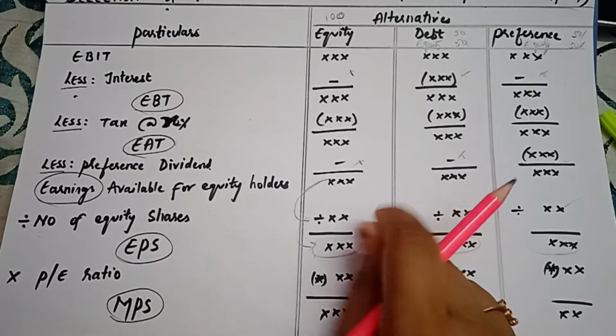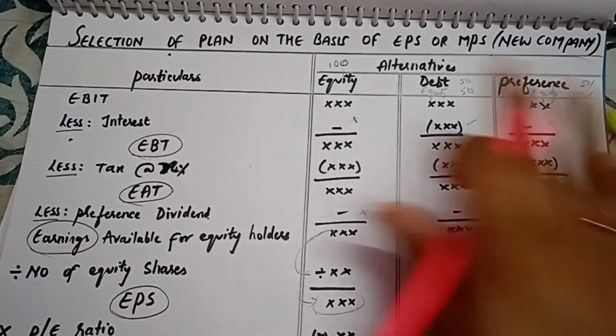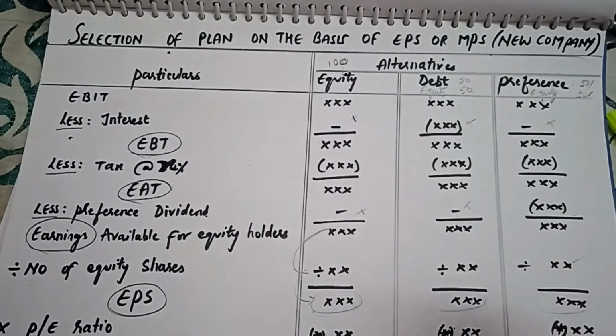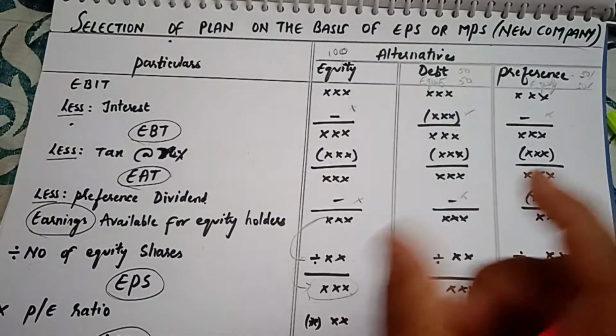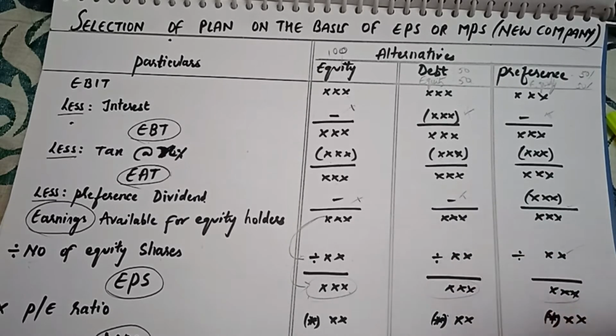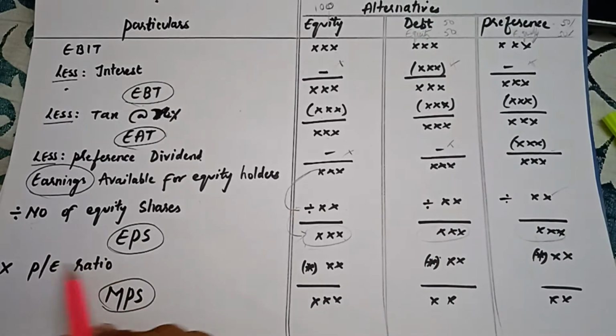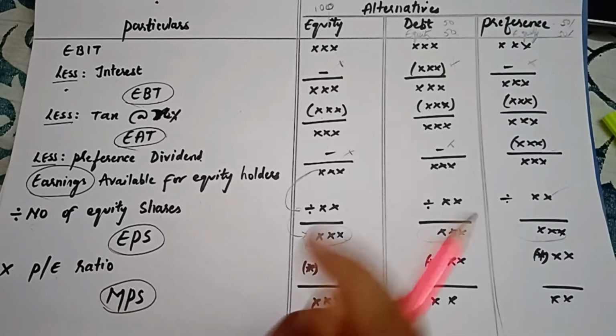Sometimes we decide on the basis of EPS. In the exam, in the market, your company policies will say you need to calculate the capital structure depending on the earnings, EPS or MPS will be given. If you have to move further apart from the EPS, you need to check the price earning ratio of that particular company.